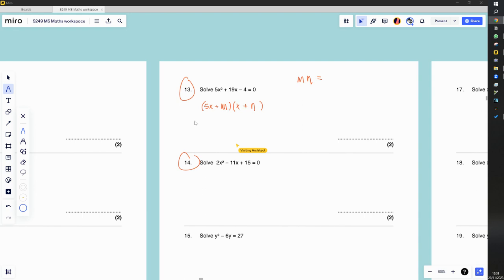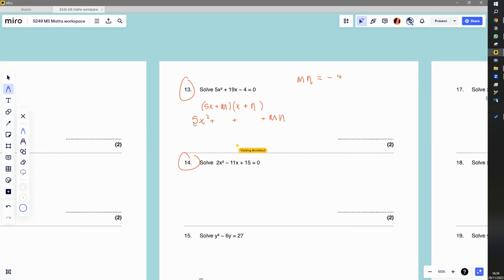Now, again, if we expand this out from here, you'll see that the far left-hand term is going to be 5x squared, and then we've got a second term and a third term. The far right-hand term is going to be m times n. So m times n in this case is going to be negative 4.